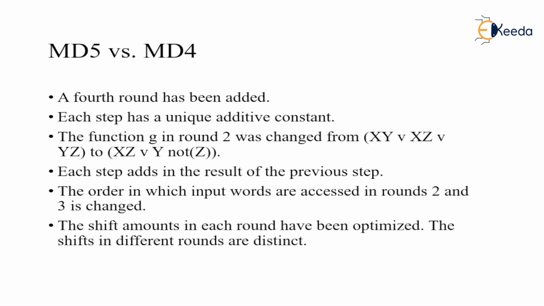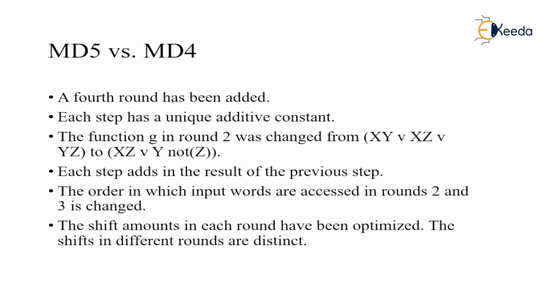Now the comparison between MD5 and MD4. In MD5, a fourth round has been added. Each step has a unique additive constant. The function g in round 2 was changed from xy or xz or yz to xz or y not-z.